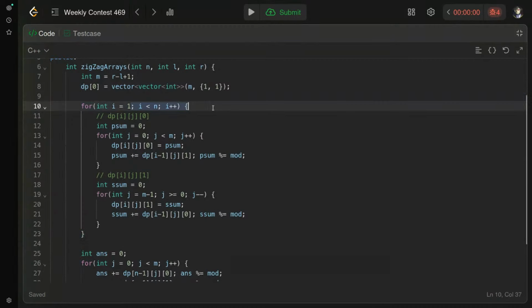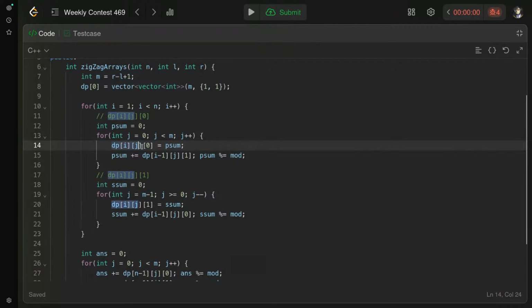Okay, so now for i equals 1 to n, here we have a prefix sum value, right? So basically, each DP of i, j is being set to the prefix sum. The prefix sum is being updated with DP of i minus 1, j, 1, right? So for 0, we are having the opposite state of 1.